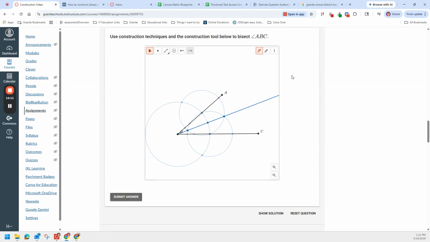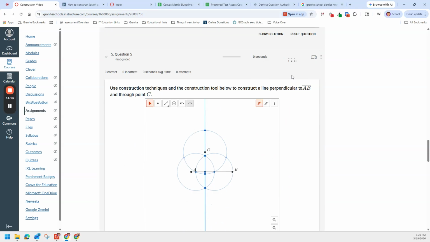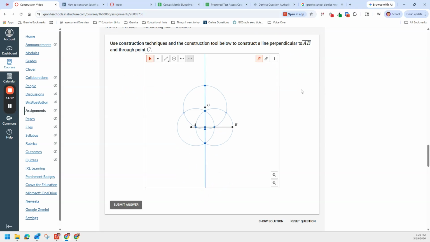Pretty much everything you'd be asked to do is going to be some combination of using those skills in a creative fashion. So you want to think about what it is asking for. If I'm looking to be perpendicular, well, I know I'm going to be using some of what I learned about perpendicular from before. And we were doing a perpendicular bisector, so cutting it in half.